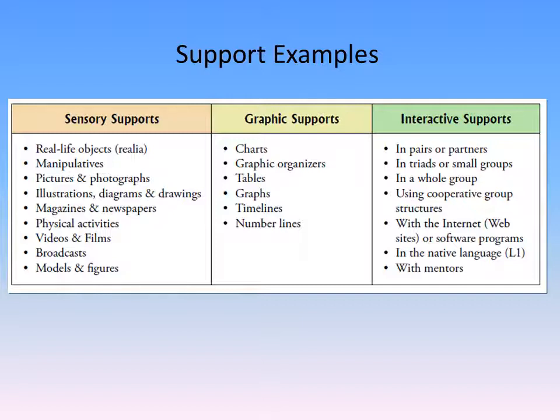We've already talked a lot about graphic organizers, using tables and graphs, number lines, things like that. Can also be very helpful in helping students meet the MPIs. And the third category is interactive supports, working in pairs or small groups, using cooperative structures, allowing assistance by the internet or various software programs, allowing a student maybe to work with a buddy in their first language, or having some kind of mentor who comes from outside the class to help out, like a tutor.